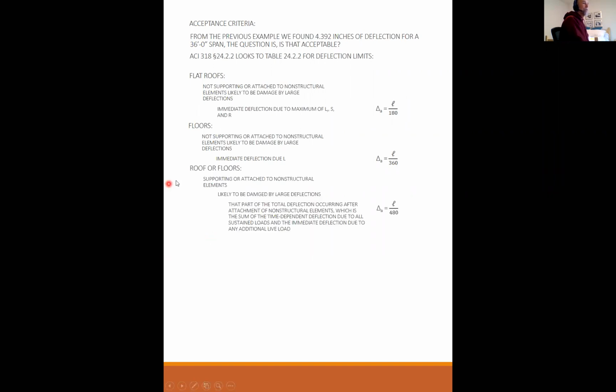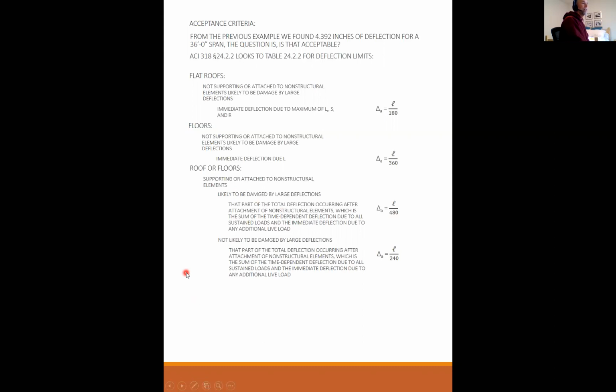And for roofs or floors supporting or attached to non-structural elements that are likely to be damaged by large deflections, that part of the total deflection occurring after the attachment of the non-structural elements, which is the sum of the time-dependent deflection due to all sustained loads and the immediate deflection due to any additional live load, that's a mouthful, but that allowable is L over 480.